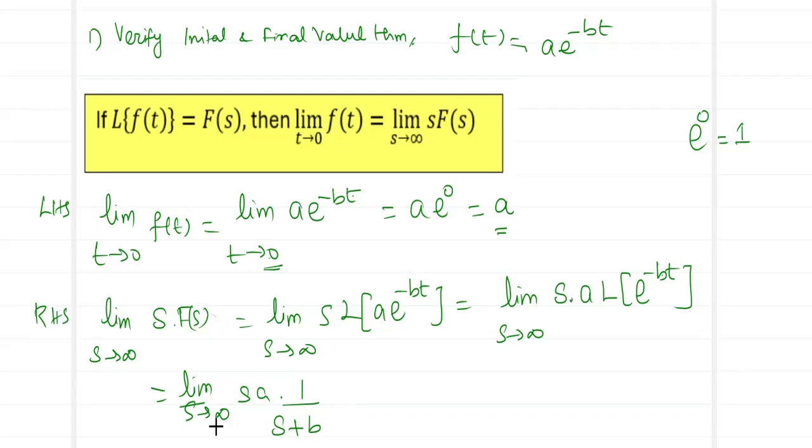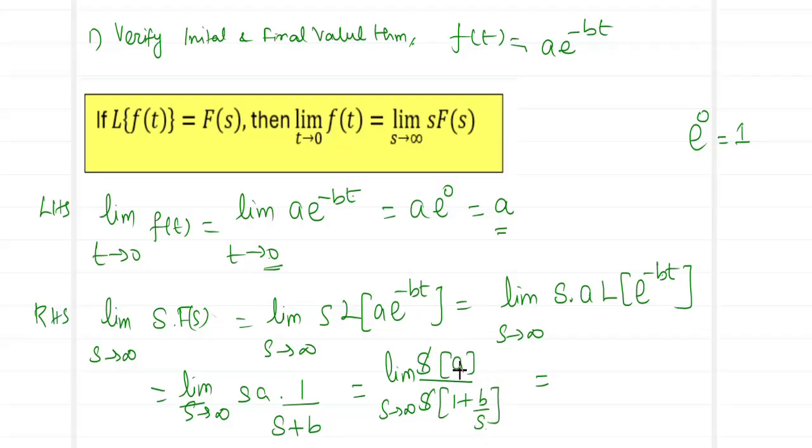Now, as s tends to infinity, we have infinity by infinity, which is an indeterminate form. So take s common outside, from both the numerator and denominator. The denominator gets converted to s times (1 plus b/s). Now, as s tends to infinity, b/s moves towards 0.